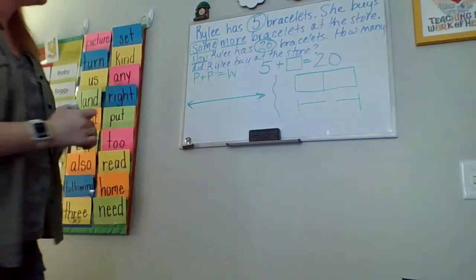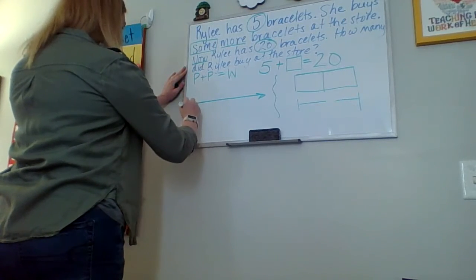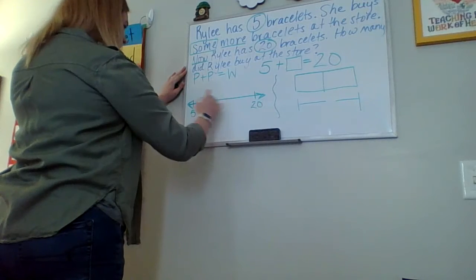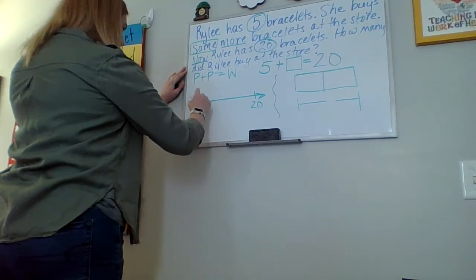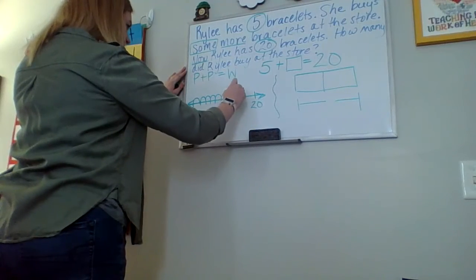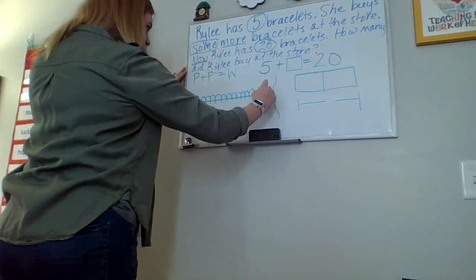Okay. So if I was doing an open number line, I'm going to start at 5 and I'm going to hop till I get to 20. So like this is 6, 7, 8, 9, 10, 11, 12, 13, 14, 15, 16, 17, 18, 19, 20.